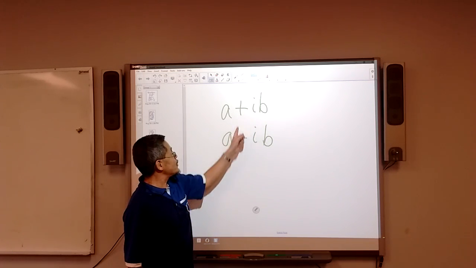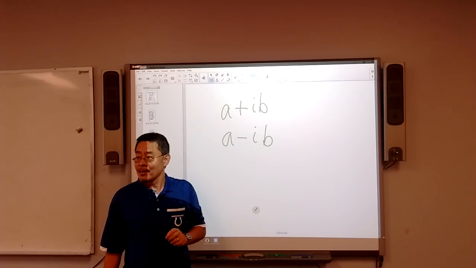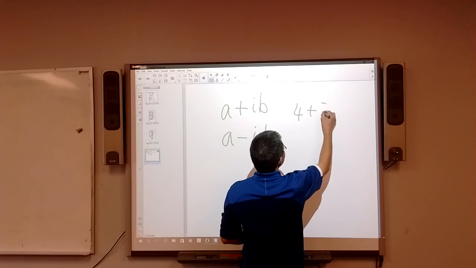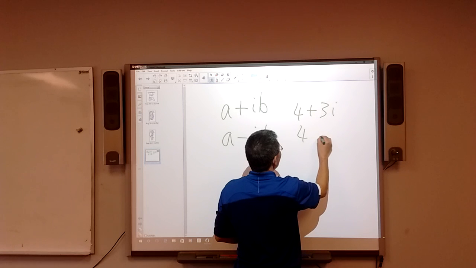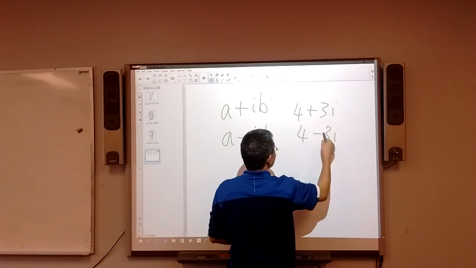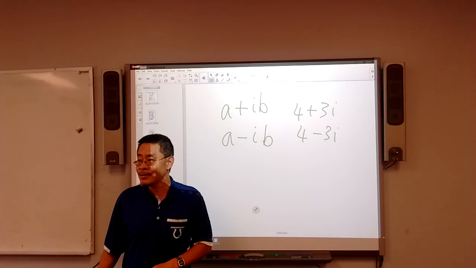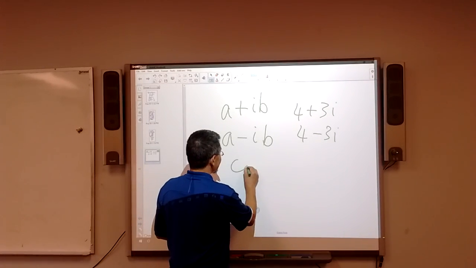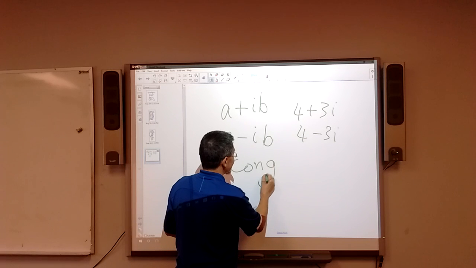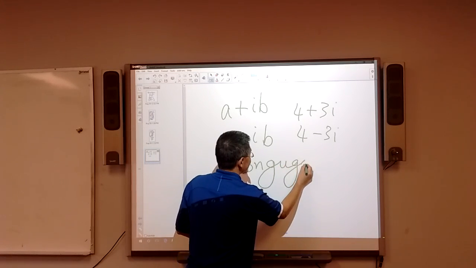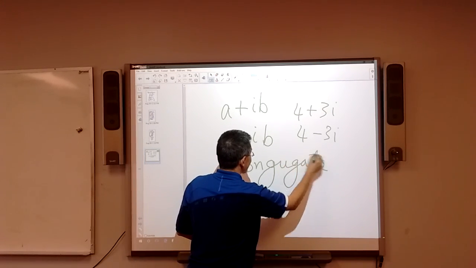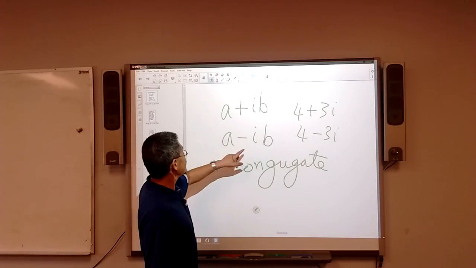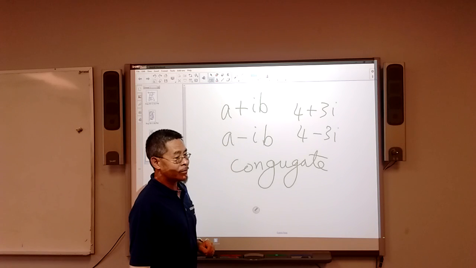The only difference is there's a plus sign or minus sign between. For example, 4 plus 3i and 4 minus 3i. This is called, it starts with C. Conjugate. Yeah, that's what it is. So each is a conjugate. The only difference is plus or negative, okay?